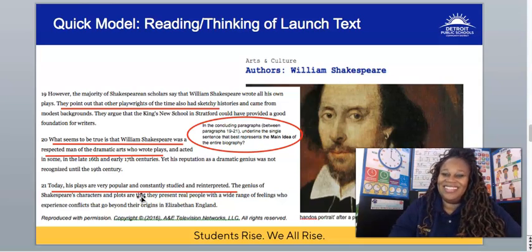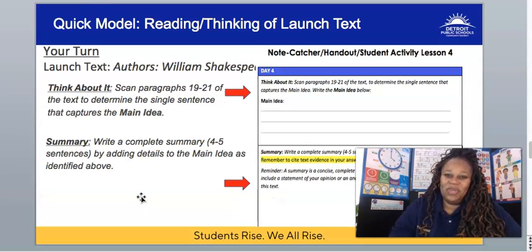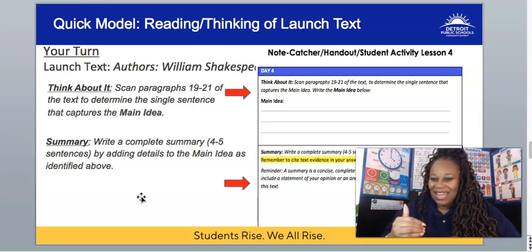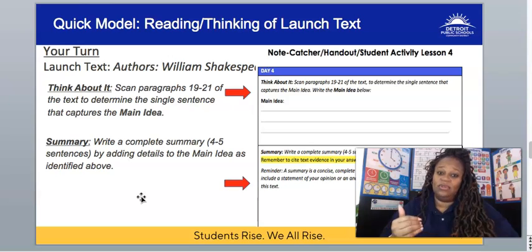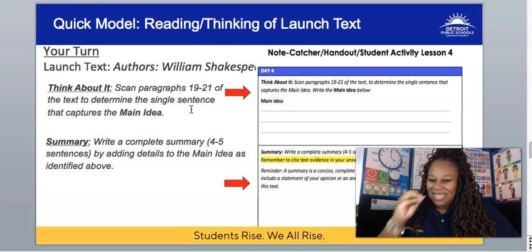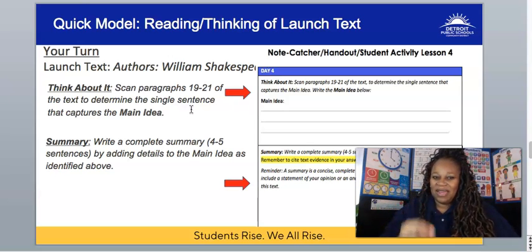The choice is yours. As we do the main idea and the summary, I'd like to remind you that as you're writing, you're just scanning and closely reading those paragraphs 19 through 21 of the text in order to determine that single sentence that captures the main idea. And you will do that first.